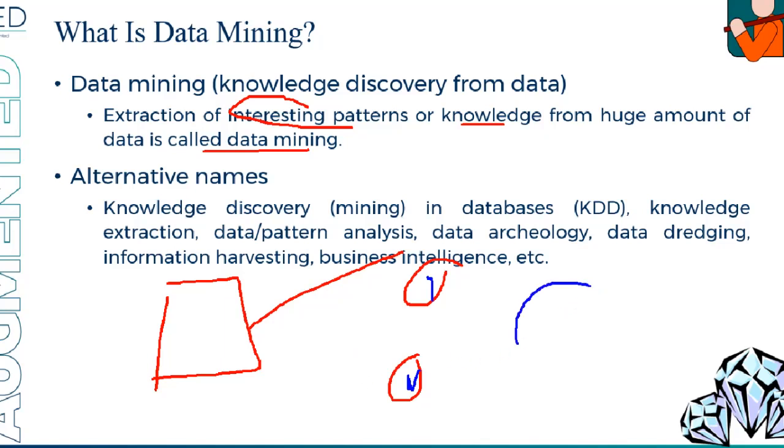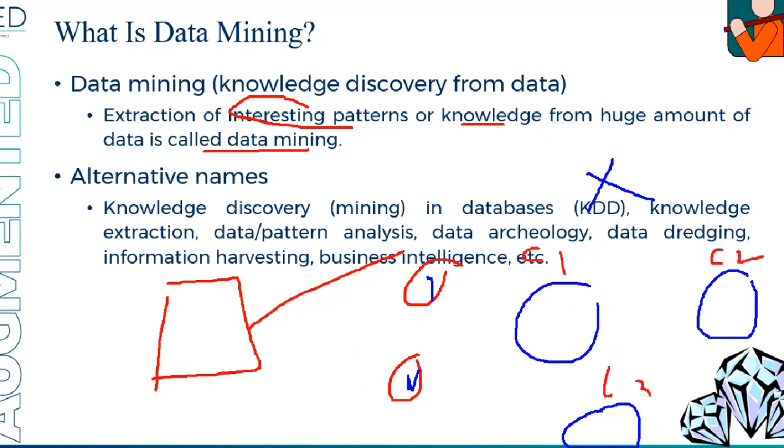Or we have groups of data, clusters C1, C2, and C3, and a new data point X comes in, and I have to decide whether to put X in C1, C2, or C3. These are all known as data mining.